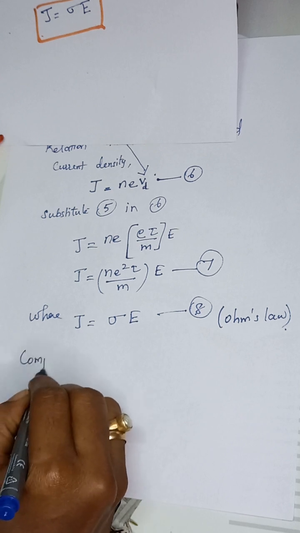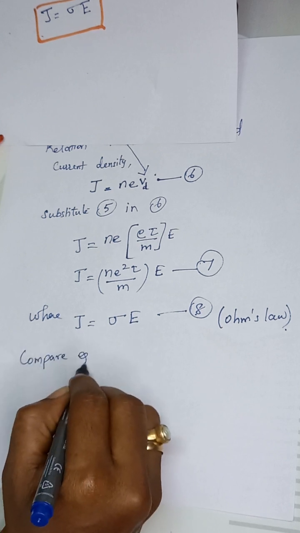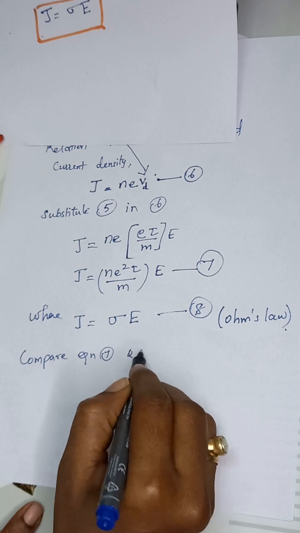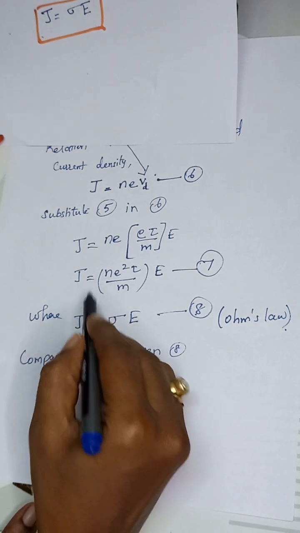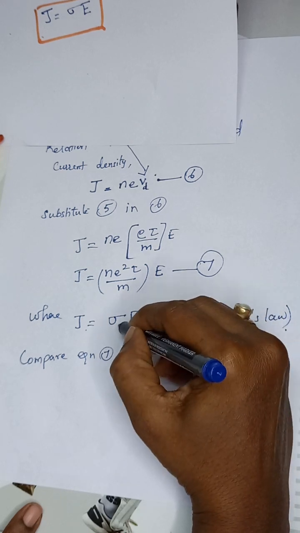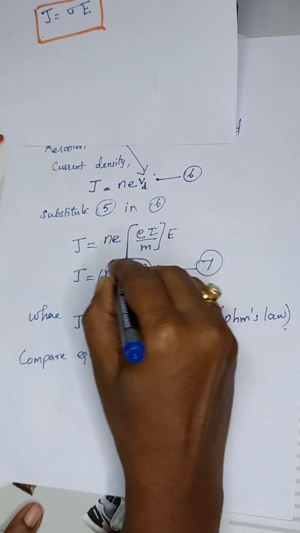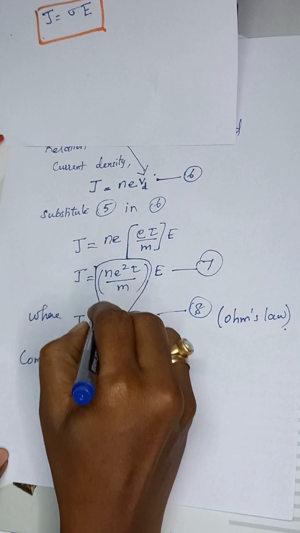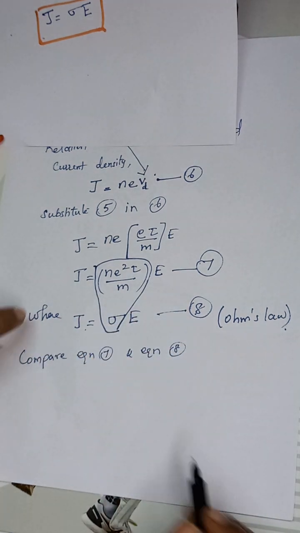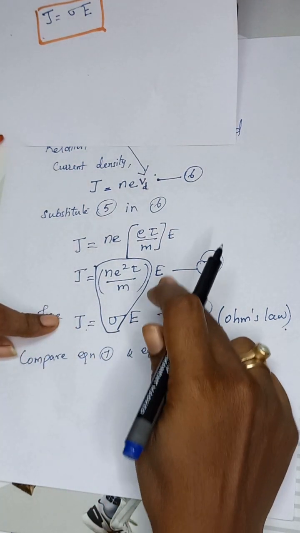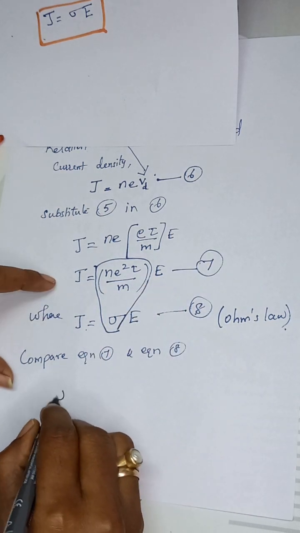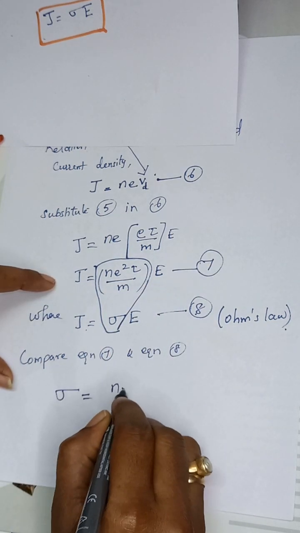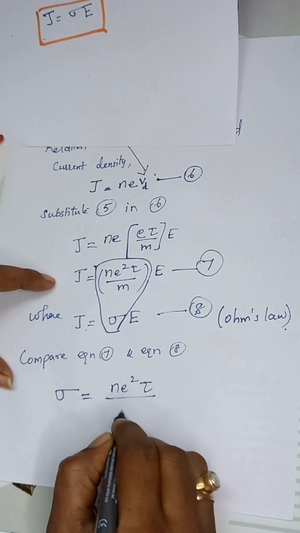Comparing equation 7 and equation 8, the E on both sides are the same, so sigma can be written as n e square tau by m.